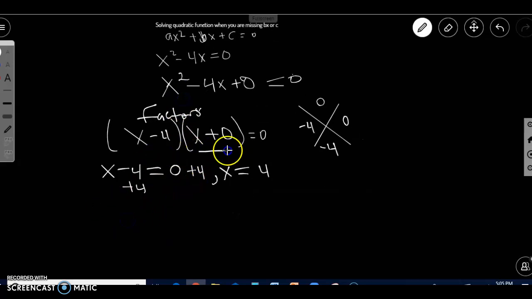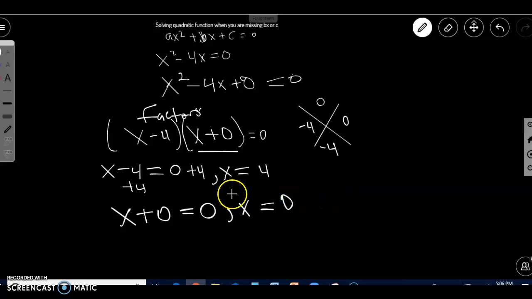Or the second part, x plus 0 equals 0. Remember, this is just 0, so there's nothing, which means x equals 0.